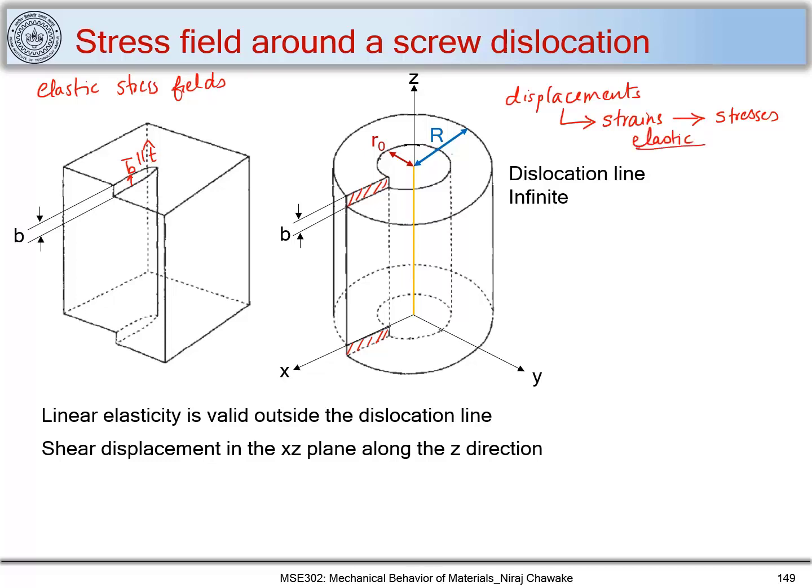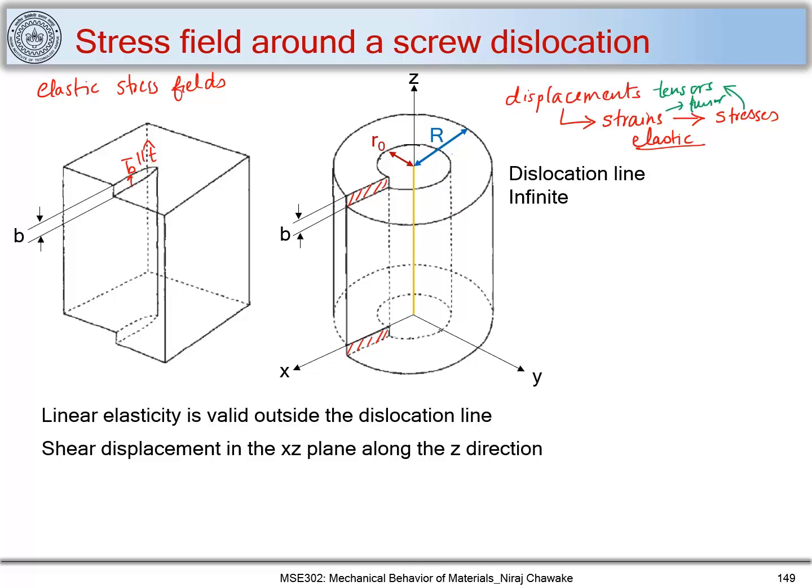When we get a displacement, we convert it into strains, and using elastic stress-strain relations, we find the stresses around it. As you can understand, we try to find the displacement in terms of tensors, and then we try to get a strain tensor also.